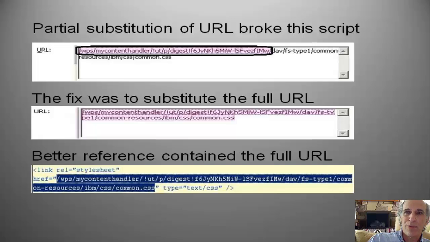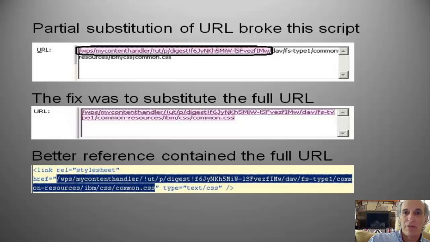One other important point that I accidentally illustrated in this demonstration was that it's important to get the full URL for substitutions when you get a reference. In this case, I got part of the URL in the original test case, and that worked for a while, but it wasn't the real place where the common CSS URL came from.